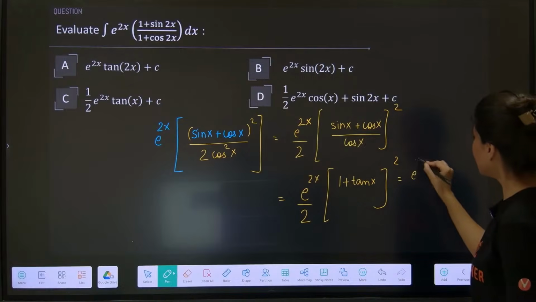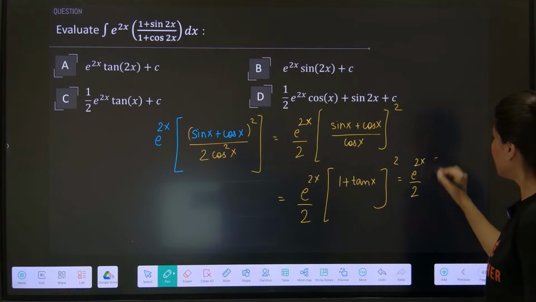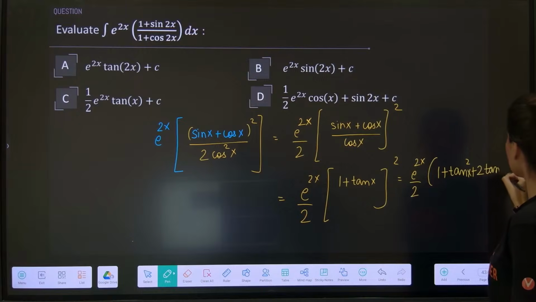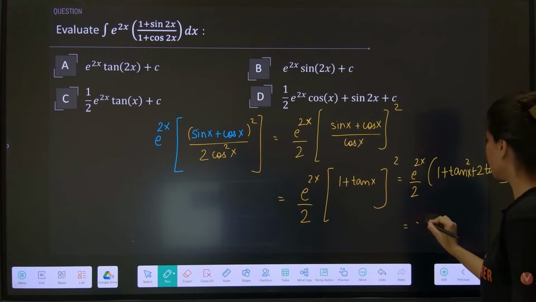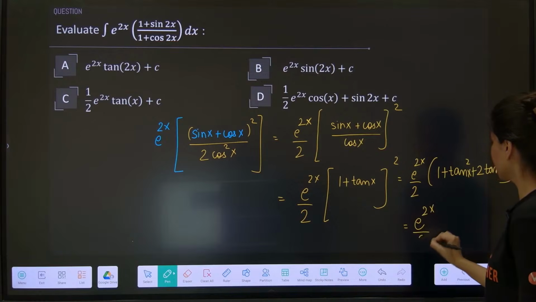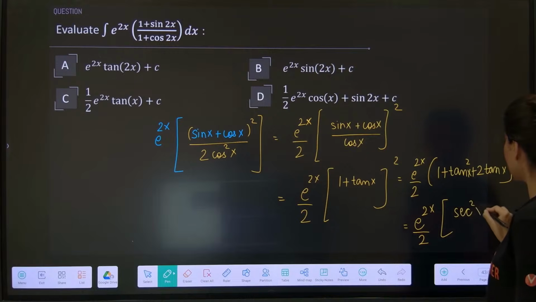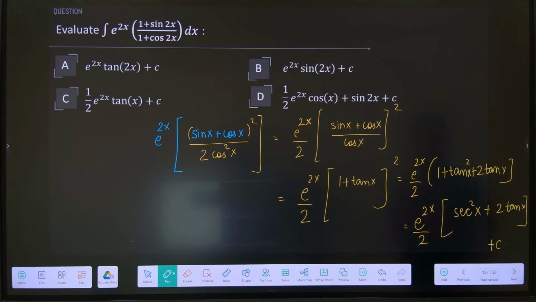So e power 2x by 2, 1 plus tan square x plus 2 tan x. Is it making sense or not? 1 plus tan square is sec square, plus 2 tan x, plus c. Yes, it is making sense.